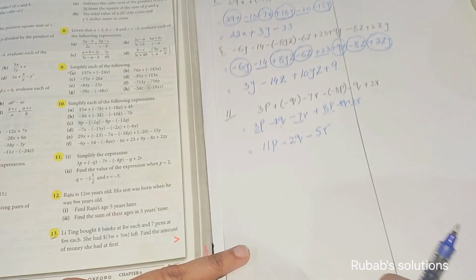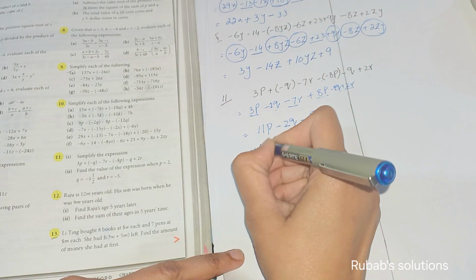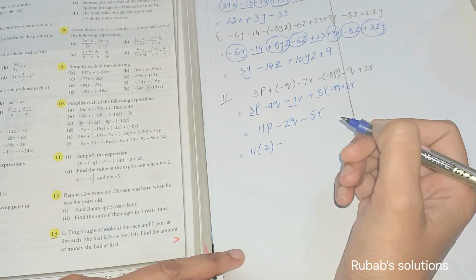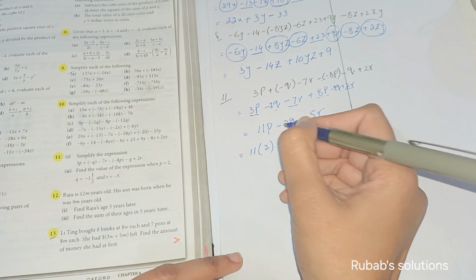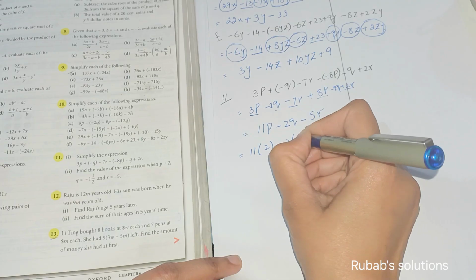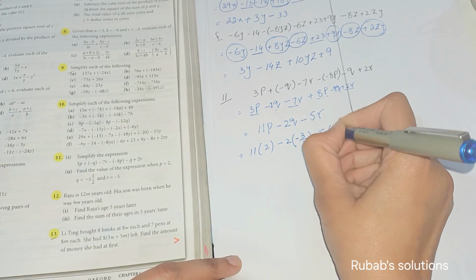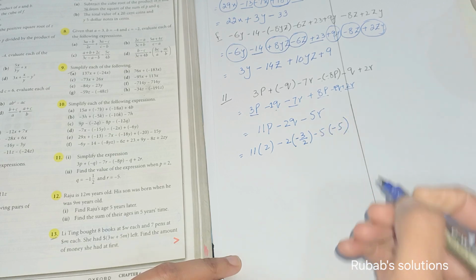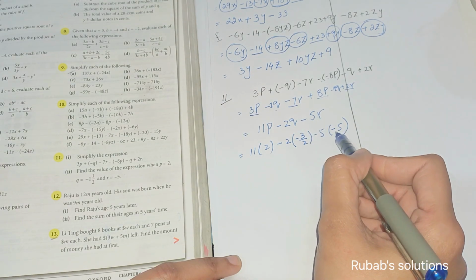Now I have to substitute the values that are given. The value of p is 2. The value of q is minus 1 whole 1 by 2. So 2 ones are 2 plus 1, 3, so it will be minus 3 by 2. The value of r is minus 5. This minus is of the term and this minus is with the value of r.